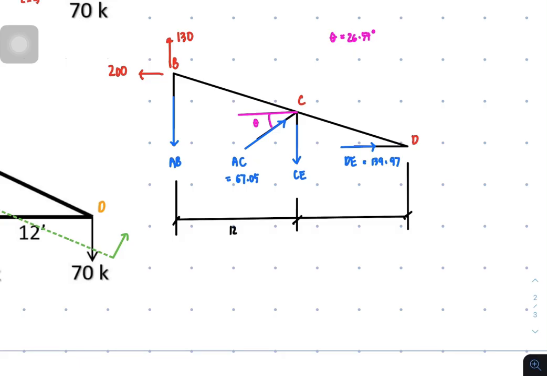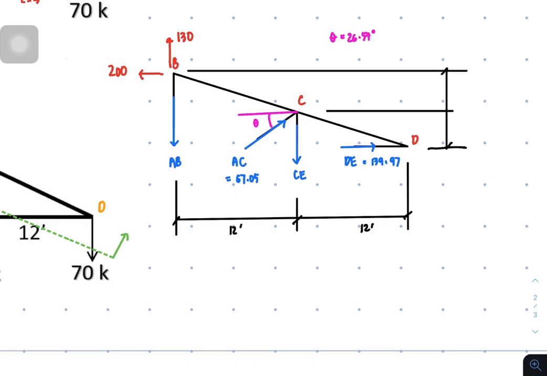Okay, this is 12 feet and 12 feet. And then here, okay, this is 12 feet here. This one, so this is 6 and 6.